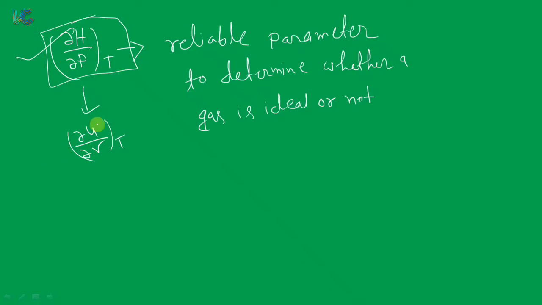So this is more reliable than the term del U del V at constant T. Okay, fine.